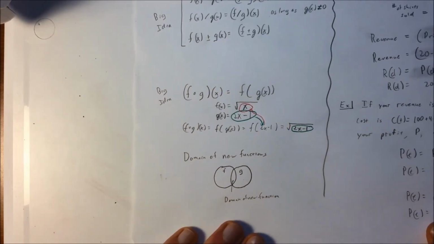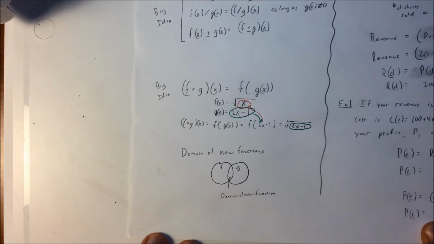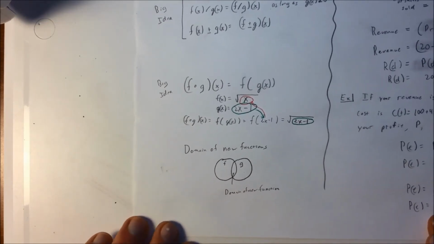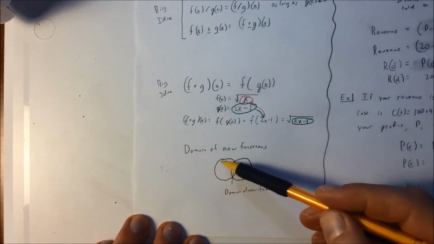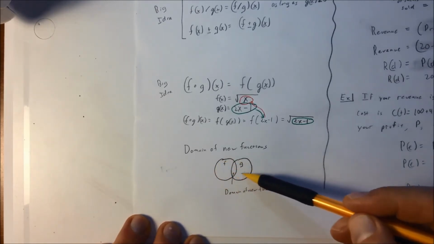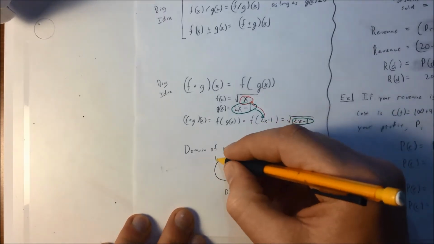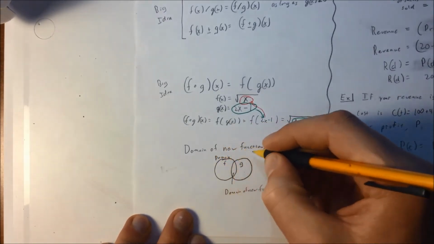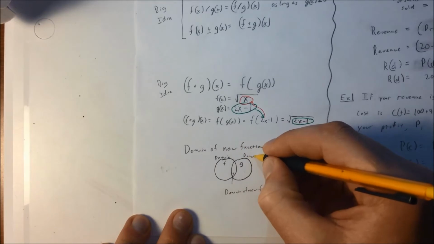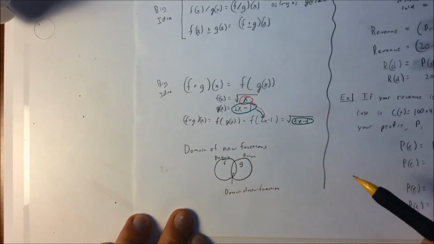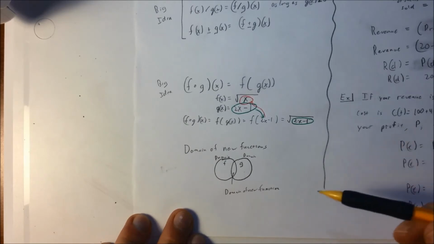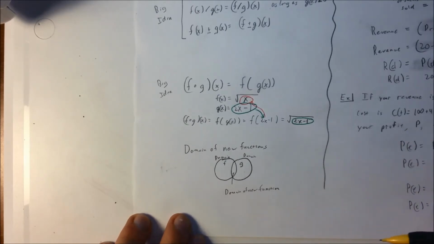The last thing we have here is the domain of new functions. So let's say you have a bunch of numbers here where this is f and this is g. This is the domain of f, and this is the domain of g. Where they overlap would be the numbers that you can plug in, the domain of the new function.